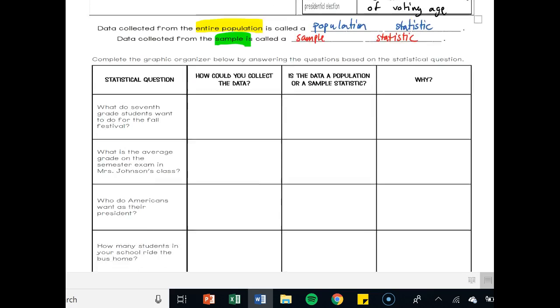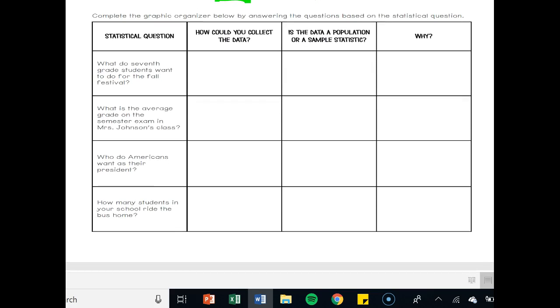For the remainder of class, I want you to try to complete this organizer by answering the questions based on statistical questions. For instance, what do the 7th grade students want to do for the fall festival? How could I collect that data? Well, I could survey the 7th grade students in first lunch. If I surveyed only the 7th graders in first lunch, this would be an example of a sample statistic because I didn't get every 7th grader.